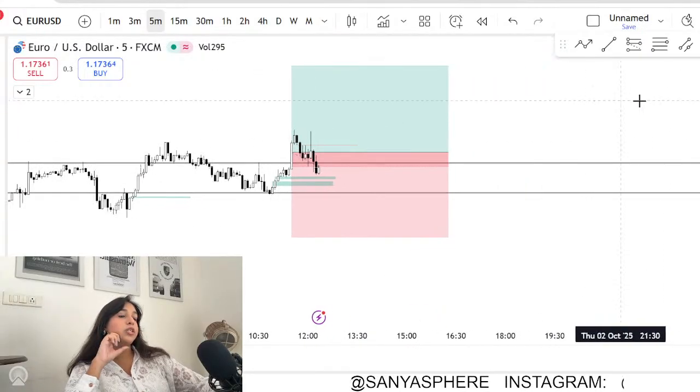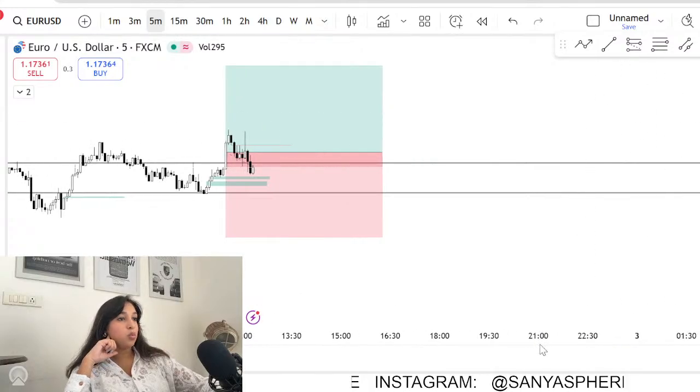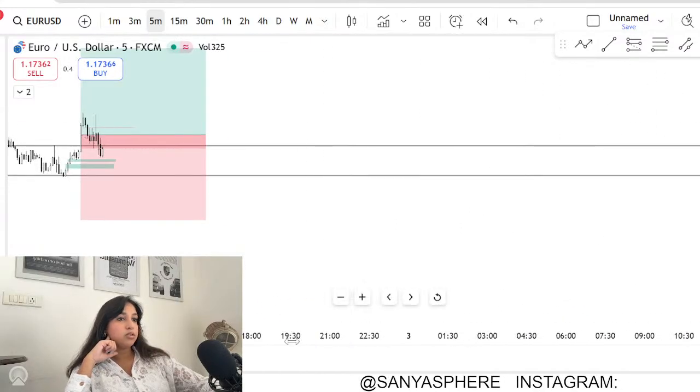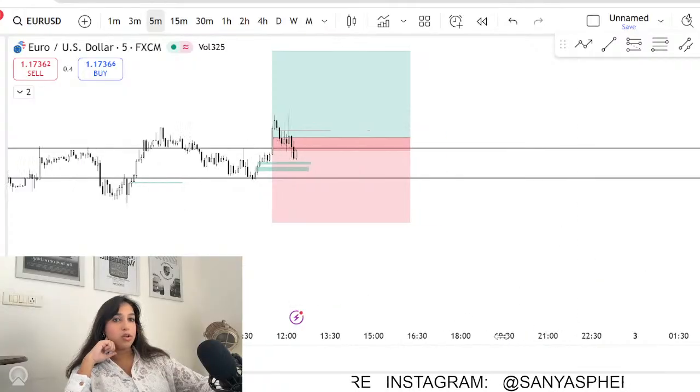Also, the moves are very unexpected when there's news in the NY session, like red folder news today.